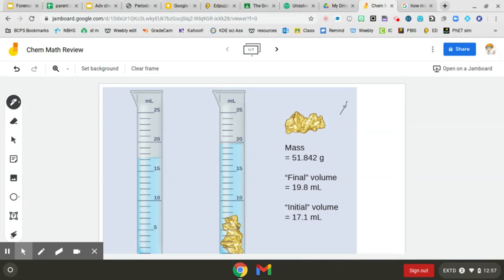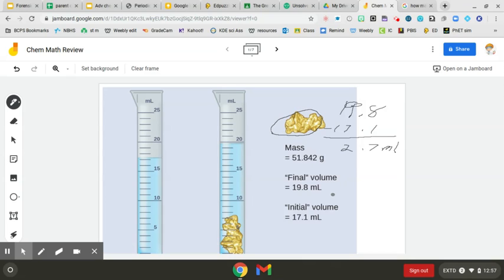So 19.8 minus 17.1 is going to give me 2.7 milliliters. That is the volume of this rock.